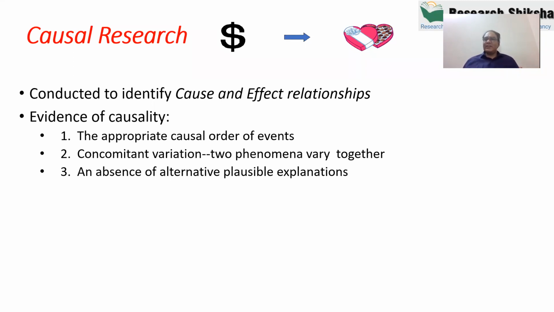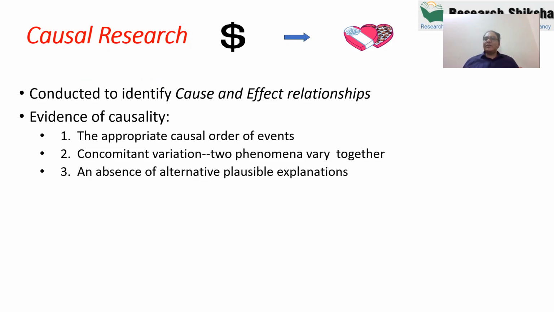So I hope after this example you must have the clarity between exploratory research, causal research, and descriptive research. In exploratory research, you are only collecting the information as much as possible from different sources to understand the problem. Descriptive research starts with the problem, starts with the hypothesis, starts with the test, and arrives at a conclusion with the help of data testing.